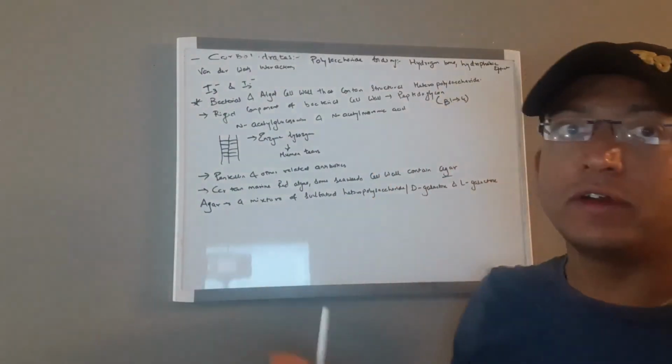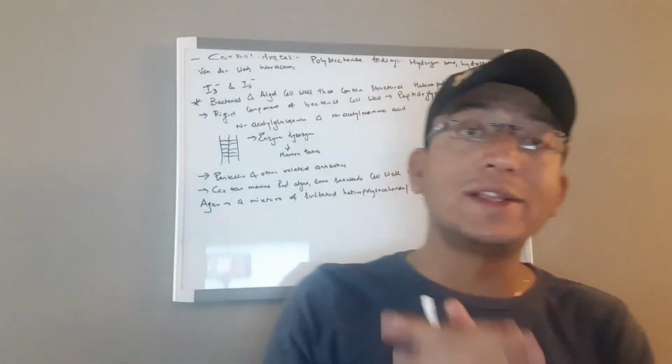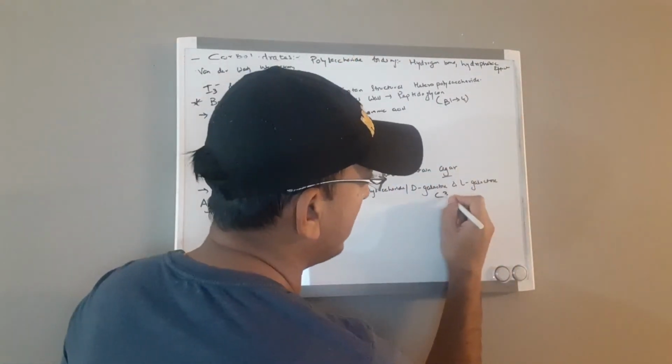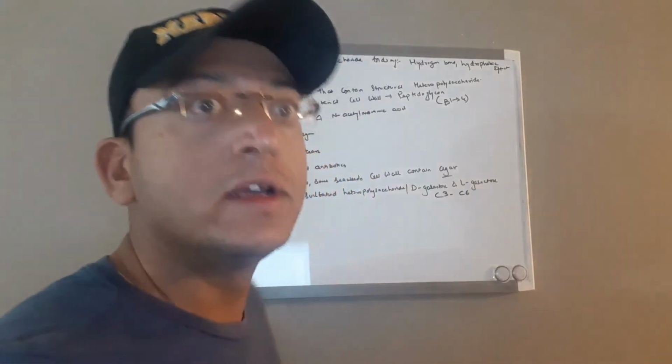And these are linked, with the L-galactose linked between C3 and C6. So this is 1 and 4, and these are linked between C3 and C6.